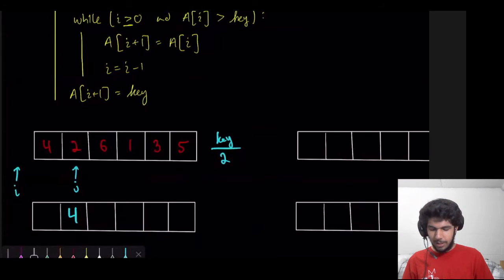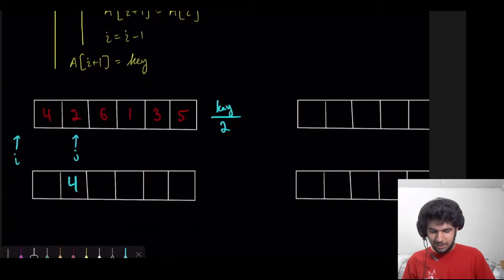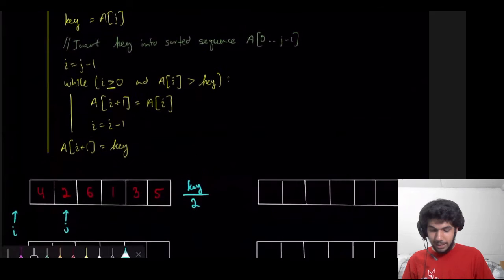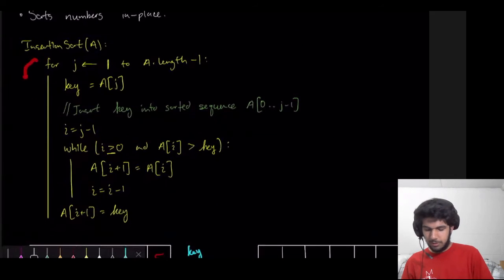If I is -1 right now, a of I plus 1 is a of 0, so this element right here should be equal to key, which we said was 2. That finishes the first round of this for loop.